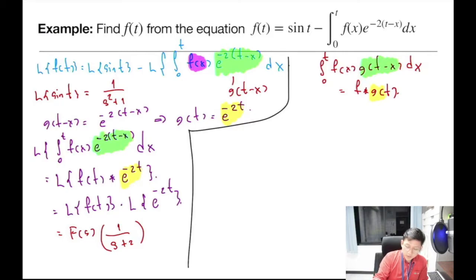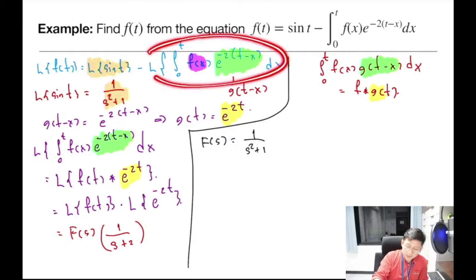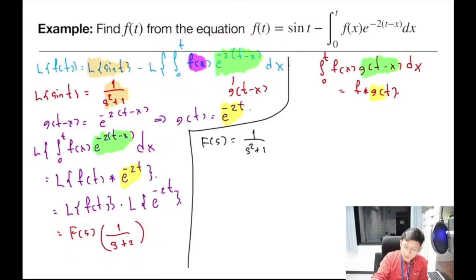From here we have that the Laplace transform of f(t), the big F(s), equals 1 over s squared plus 1, right? I plug this in there, and I have here minus F(s) over s plus 2.